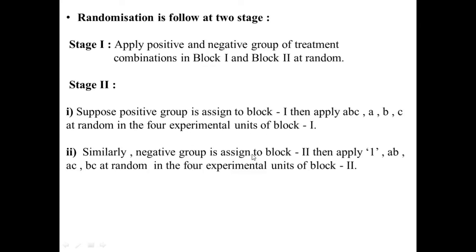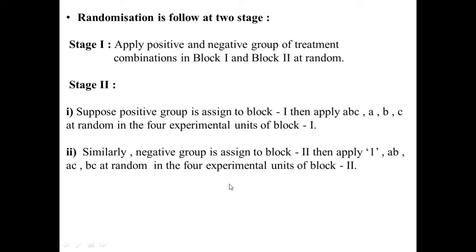Similarly, the negative group of treatment combinations is assigned to block 2. Then we apply 1, AB, AC and BC at random in the 4 experimental units of block 2. So the size of block 2 is also 4. Here we use randomization in two stages. In the first stage we assign the positive and negative groups to block 1 and block 2 at random.